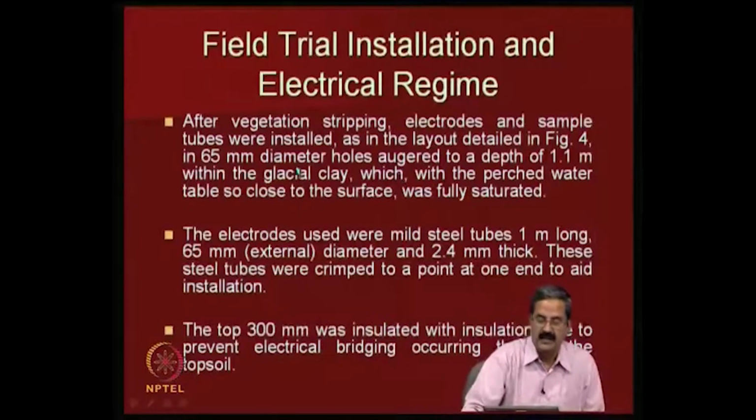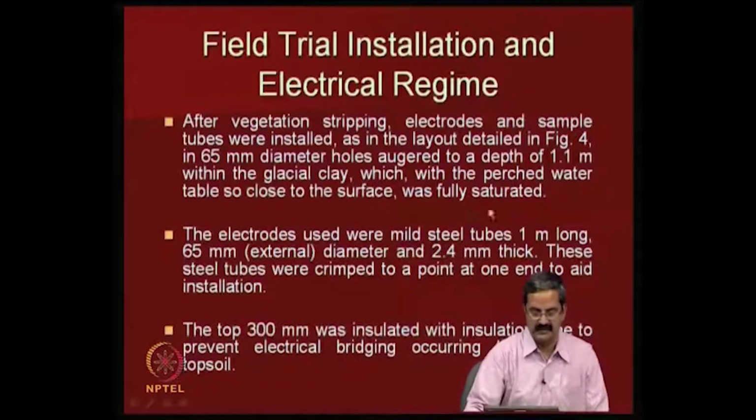So, what they did in the field was remove the vegetation, like vegetation stripping. Electrodes and sample tubes were installed as shown in the figure, with 65 mm diameter holes augured to a depth of 1.1 meters within the glacial clay, which with the perched water table close to ground surface was fully saturated. So, the water table is close to the ground surface.